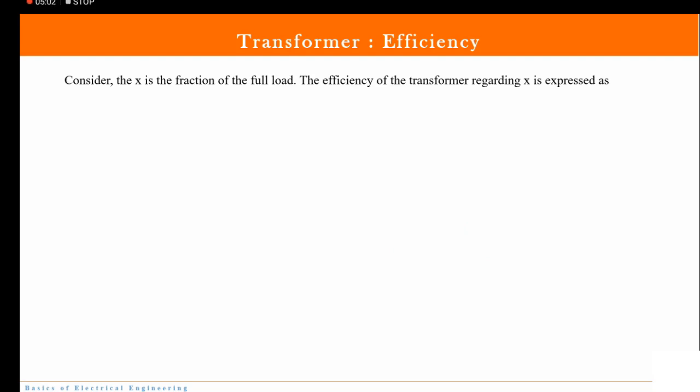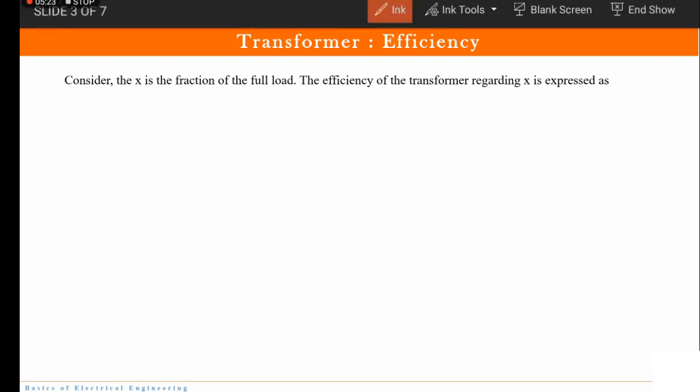Okay. Now generally we consider the condition of full load. Now suppose full load is not applied. Then we will consider x to be the fraction of full load. It means suppose the full load condition was 100 and I am applying 60.